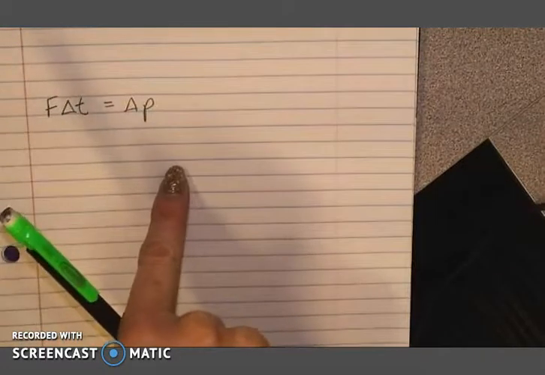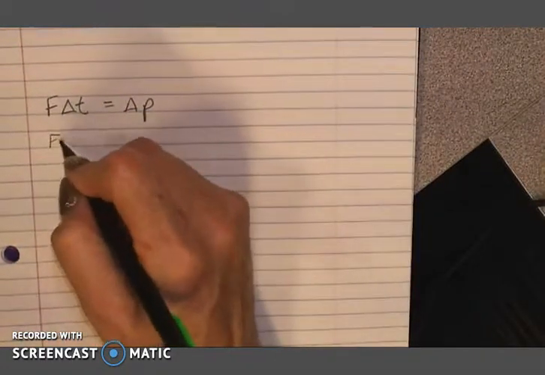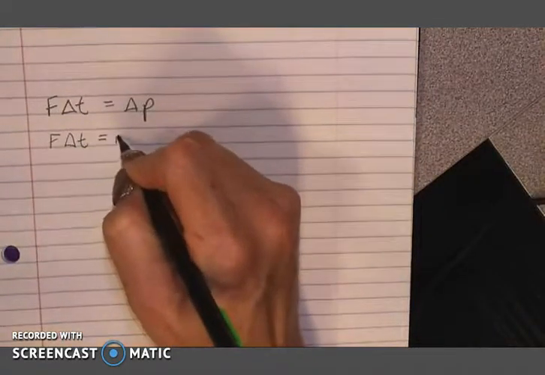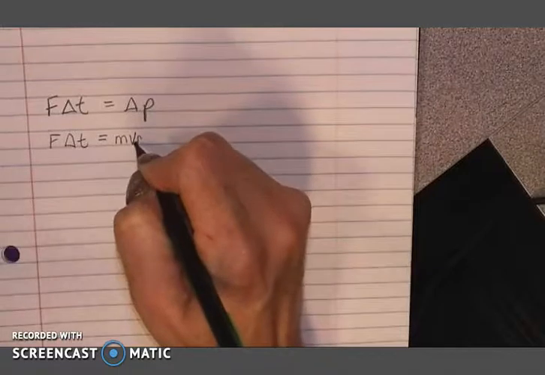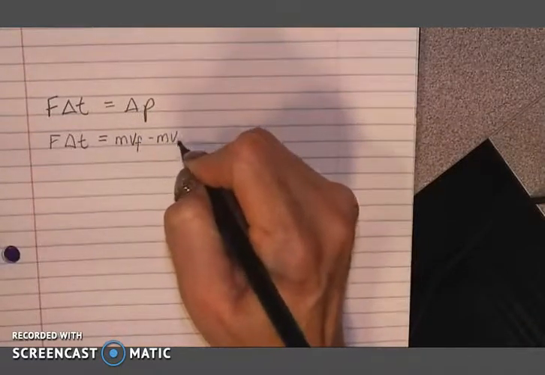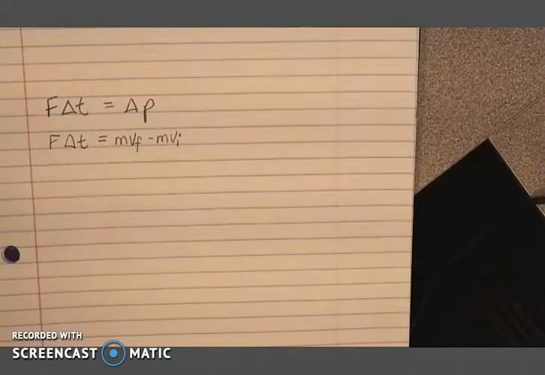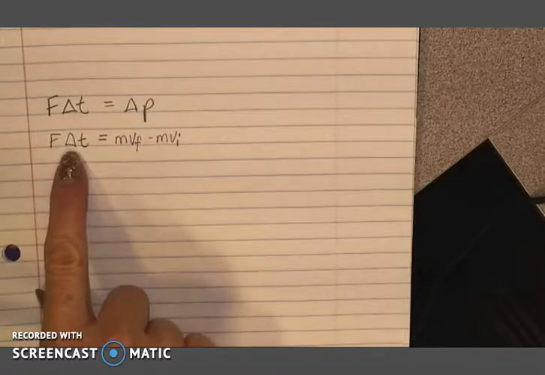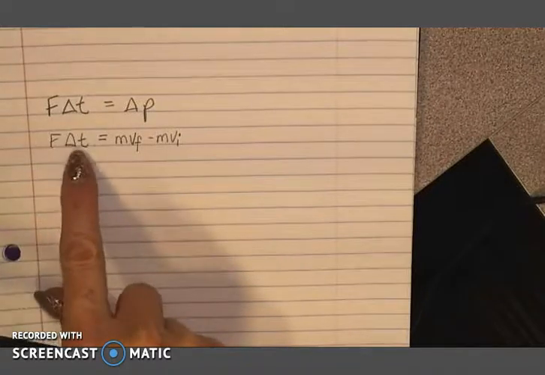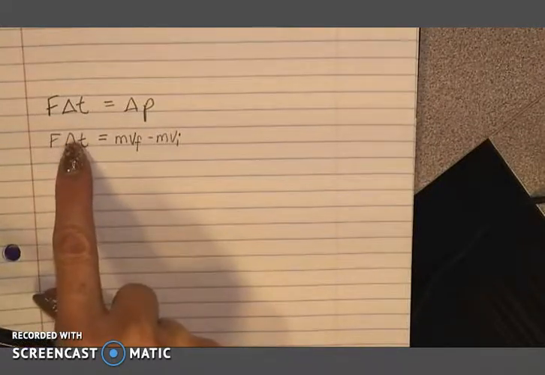So we can rewrite this as force times delta t is equal to mass times the final velocity minus mass times the initial velocity. And that's the truth, right? So what's changing, though, remember, is the time it takes to do that.